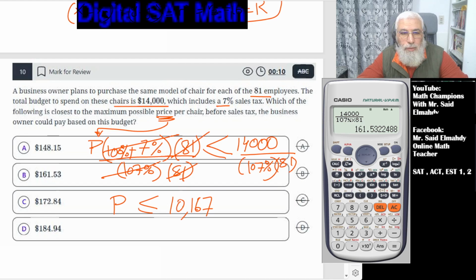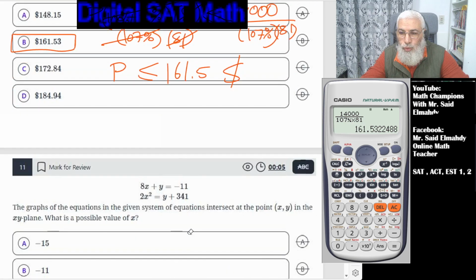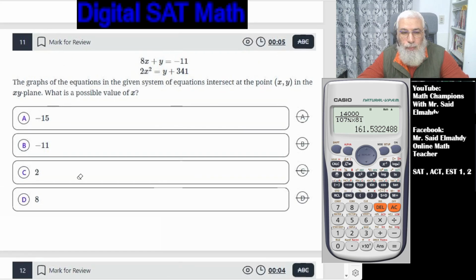So the answer is 161. 161 point 5, meaning 161 dollars. So 160 is the answer, B. The price should be less than 161.